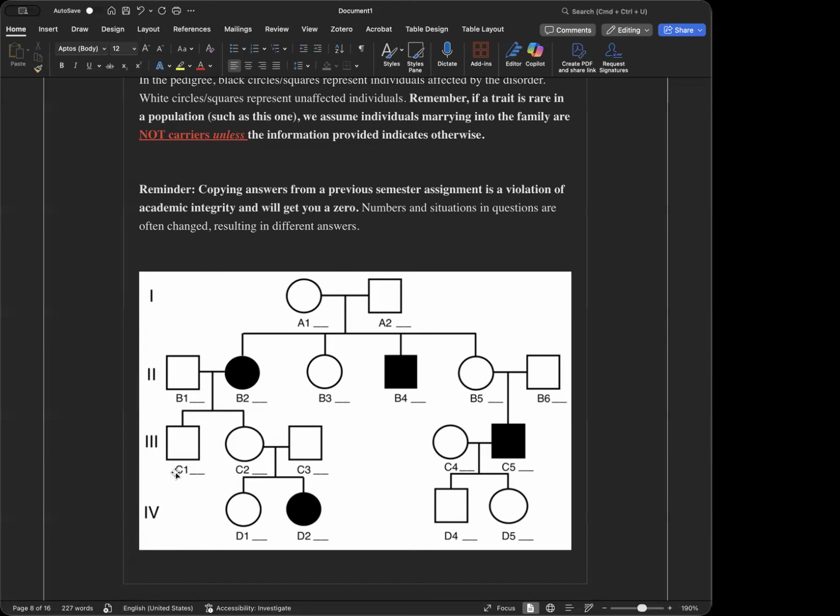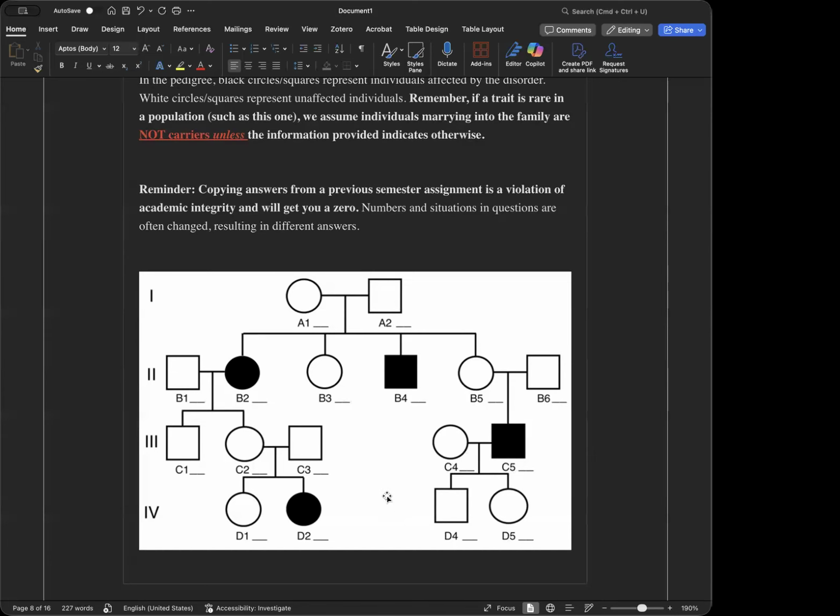Typically you wouldn't necessarily have the letters here, you would just have these numbers, but these Arabic numbers represent the individuals within a generation. So it's one, two, three, four, five. Because they're all in this generation, you just continue to count across, regardless of it skipping to a new section. See, this doesn't start again at one here, it's four and five.